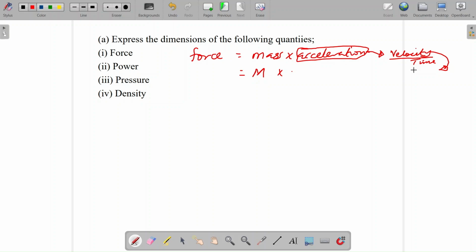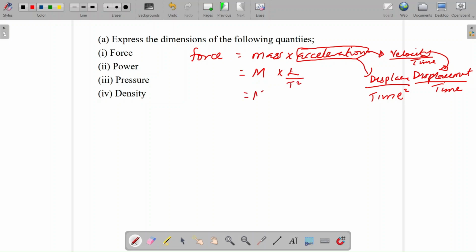So acceleration is displacement over time squared, and displacement is the same as length, so this is length divided by time squared.